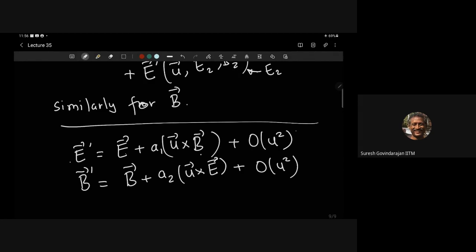It's a polar vector, so it can only appear as a correction to E prime. Is this clear? The cross product of a polar vector and an axial vector is a polar vector, so it can be added. Is this clear? So these are the only terms.